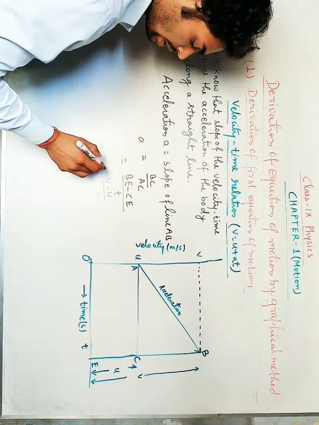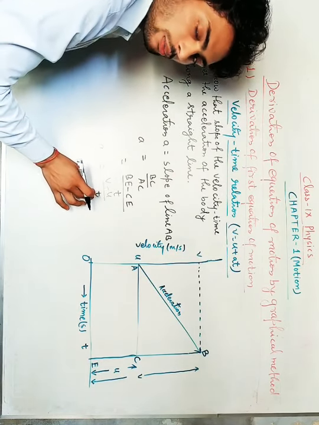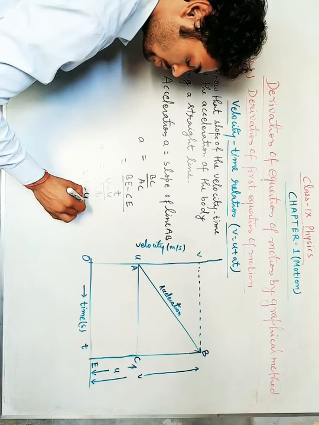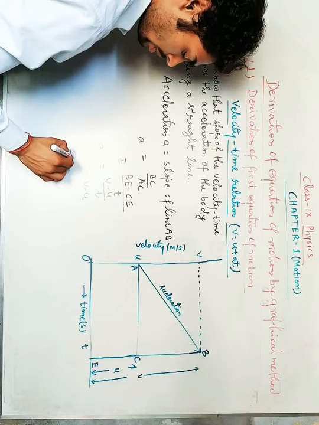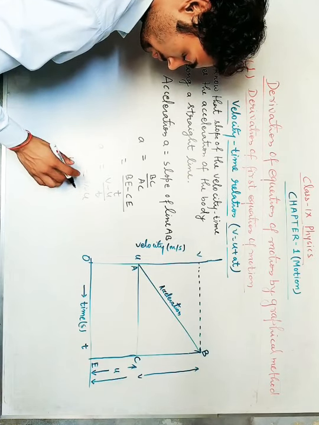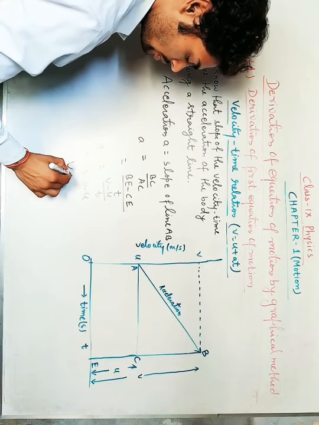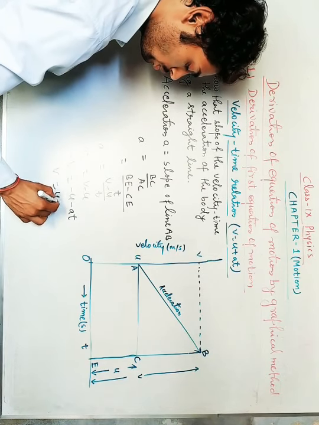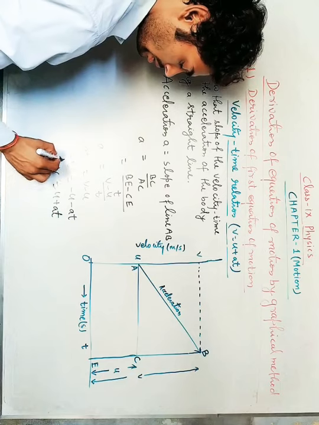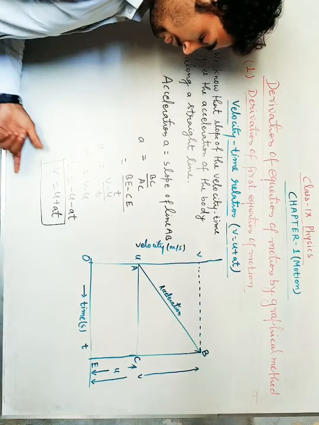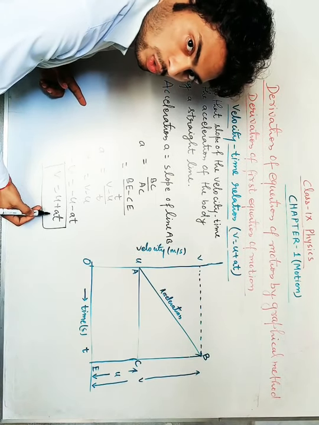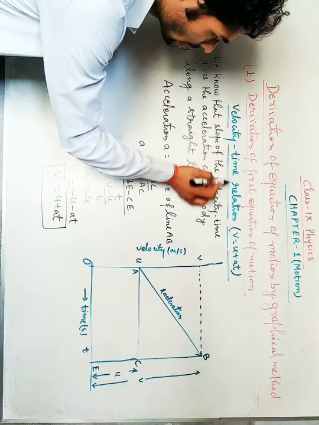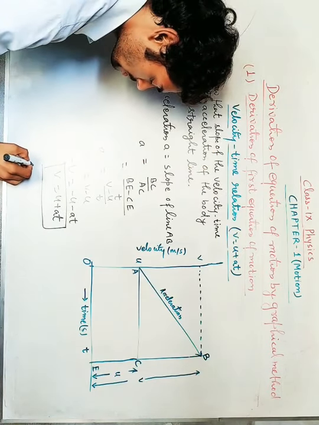Then acceleration equal v minus u upon t. Then at equal v minus u, and v equal u plus at. This is the first equation of motion, also known as the velocity time relation.